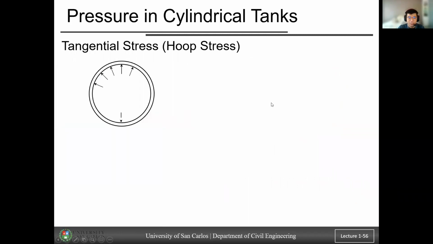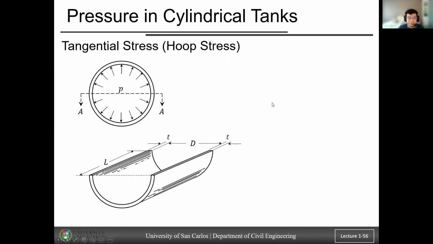Okay, so this is the tangential stress. That's called the hoop stress. So that's the inside of the tank.